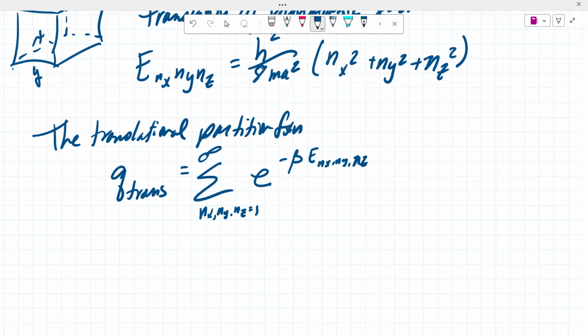Now, just so we don't forget, this beta is defined to be 1 over kBT because we just got tired of writing it all out every time. So we'll just say beta.